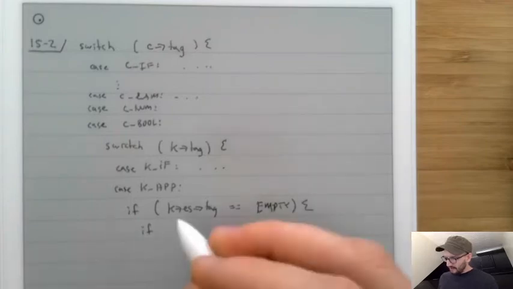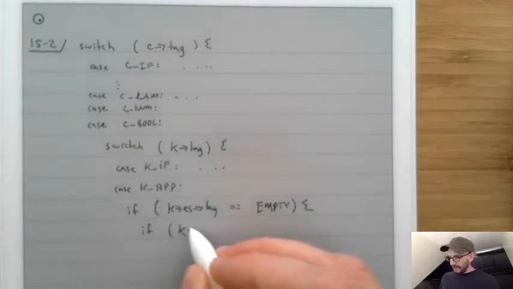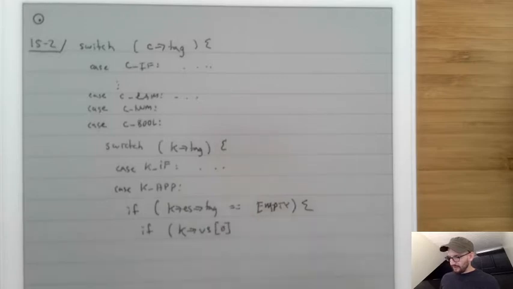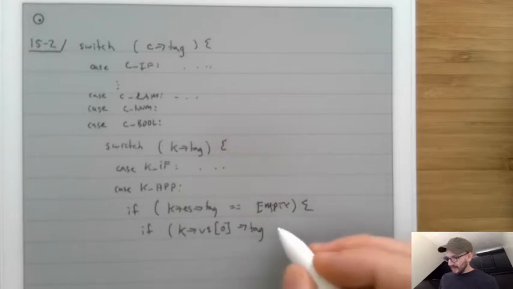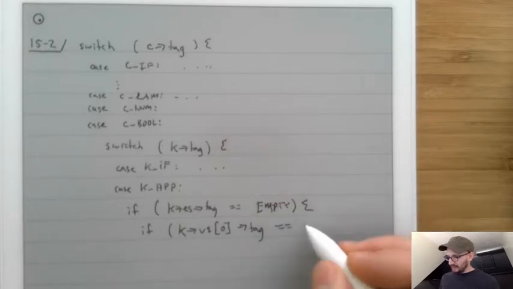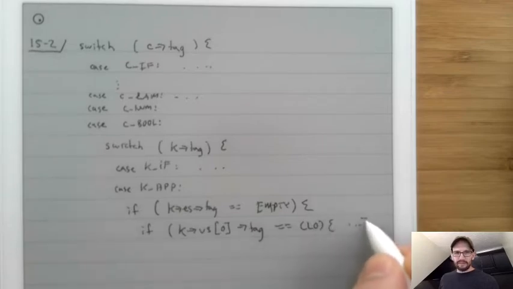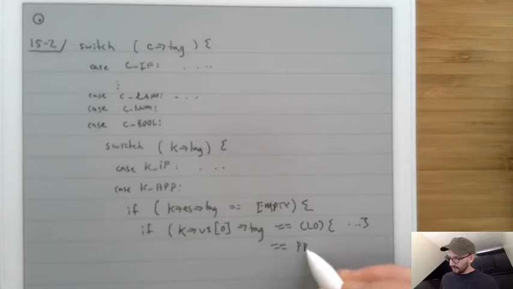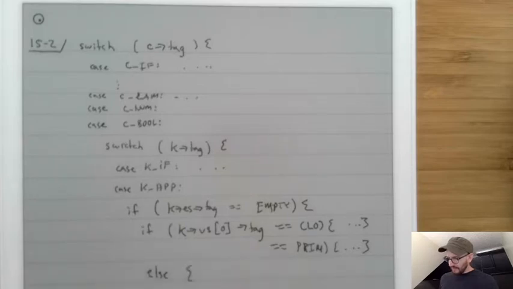And then we would have a case there that would say, let's look at the values and look at the first thing, and then look at its tag and see if that is equal to a closure. And we would do something. And if it's not equal to a closure, then we would check to see if it's equal to a primitive. And then we would do something else. And then otherwise we would throw an error.